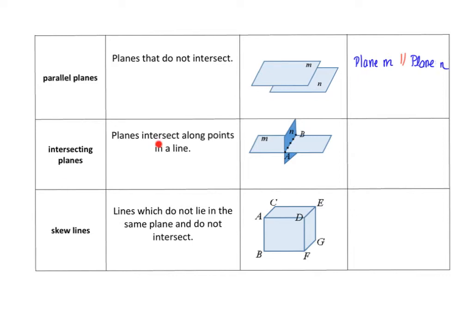Intersecting planes are planes that intersect along points in a line. Clearly, plane M looks like it's being cut in half by plane N. And we want to look at the point or line in which they're intersecting.